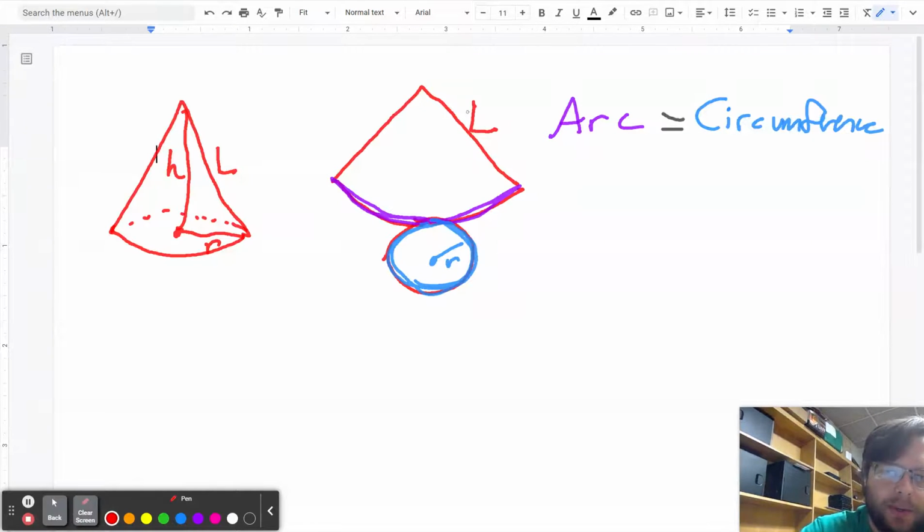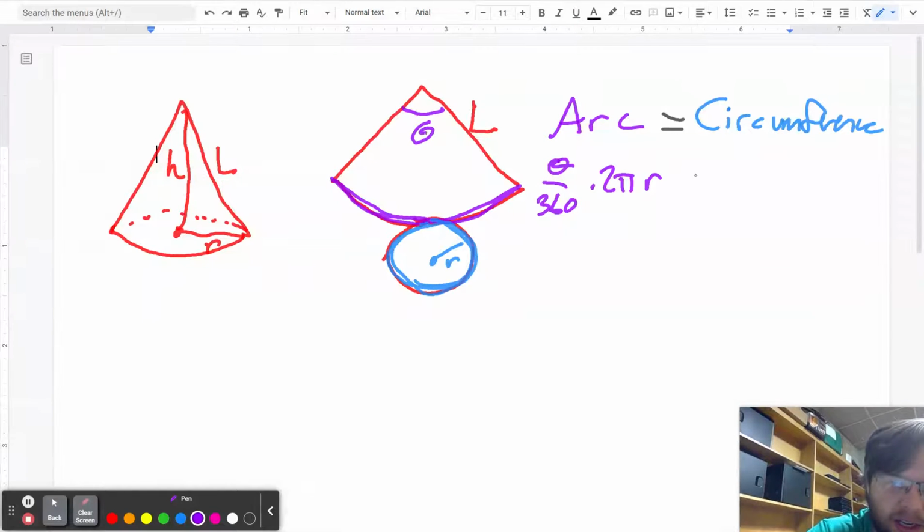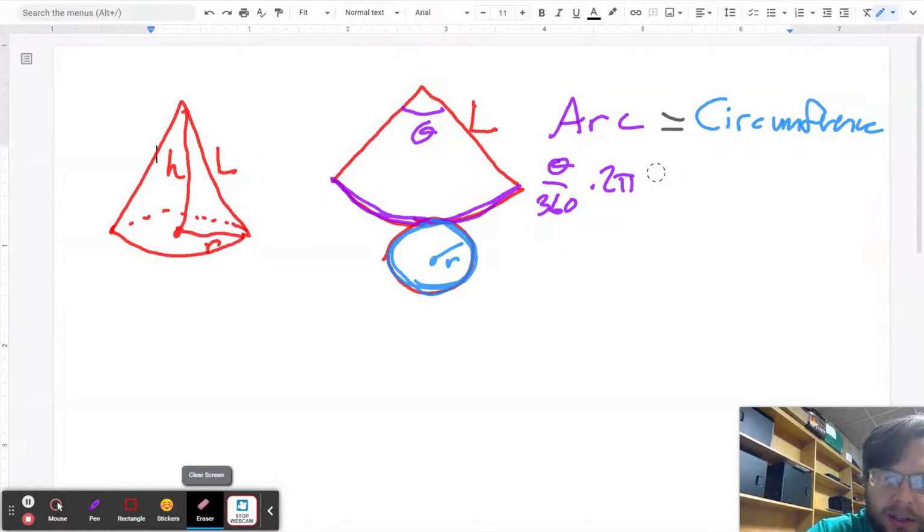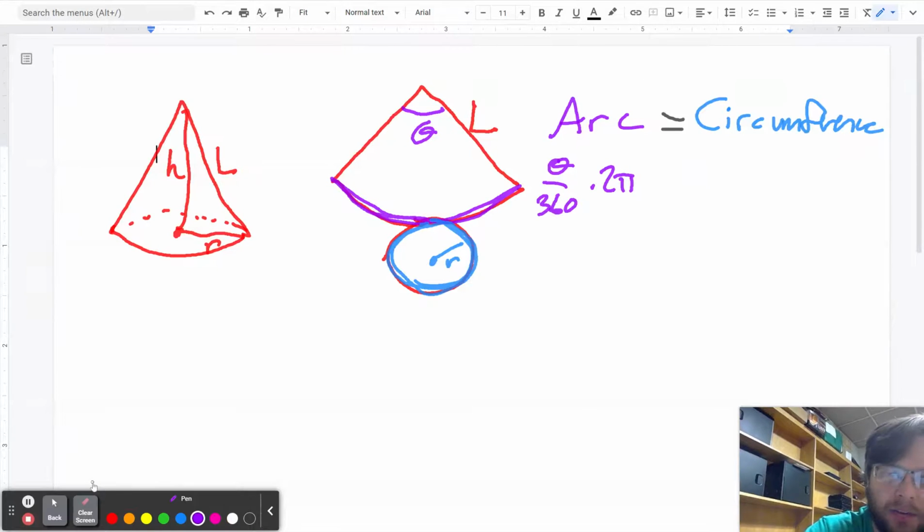So what I'm going to do is write my arc length formula. Well, arc length formula is theta divided by 360 times 2 pi r. But on this particular arc, here's theta, and I'm not going to use the letter r because I'm already using the letter r for my blue circle. The radius here is actually the letter L because that's what's making the radius of that big sector here.